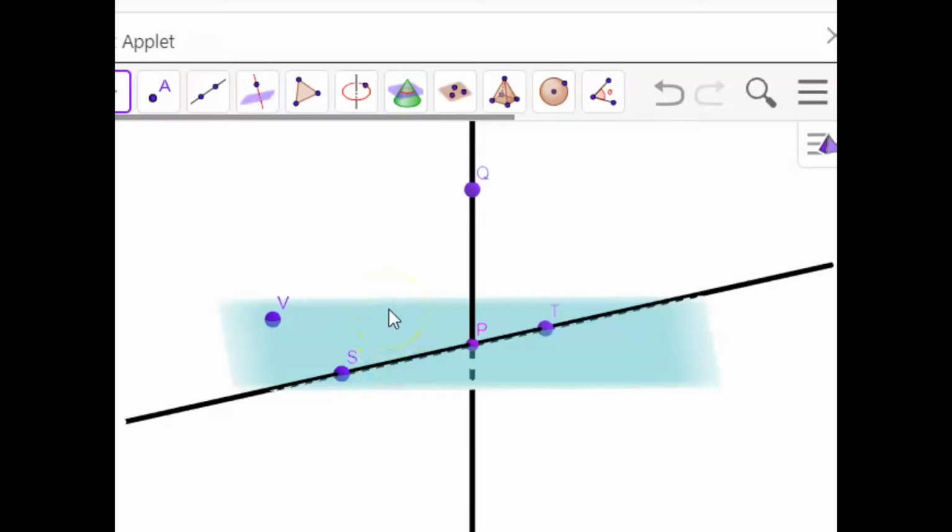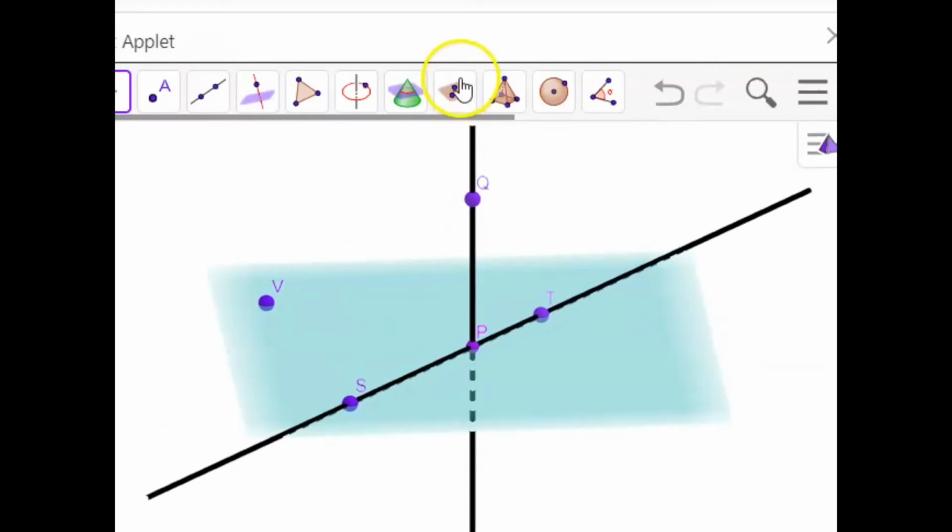Now also, be careful not to name your plane with 3 letters that are on the same line, because not just one plane can go through letters that are on the same line. There's an infinite number of planes that can go through those 3 points.